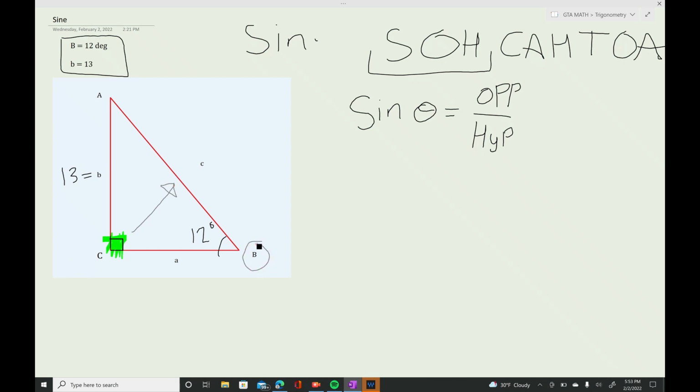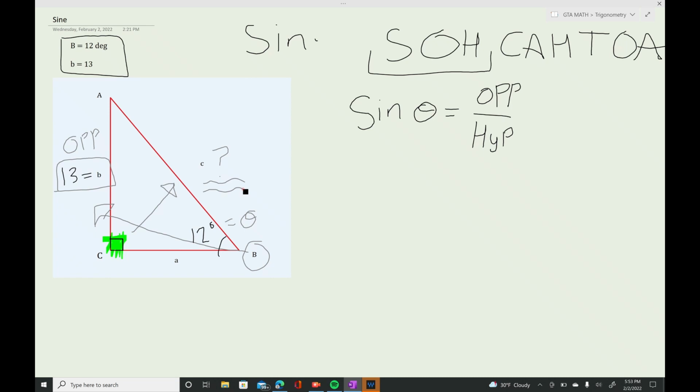And since they gave us B, if we shoot an arrow this way, we know that our opposite is going to be this 13. So I'm going to label it opposite. And then this 12 degrees is going to be our theta. And we're looking for this. And I'm going to make a little wave under it.